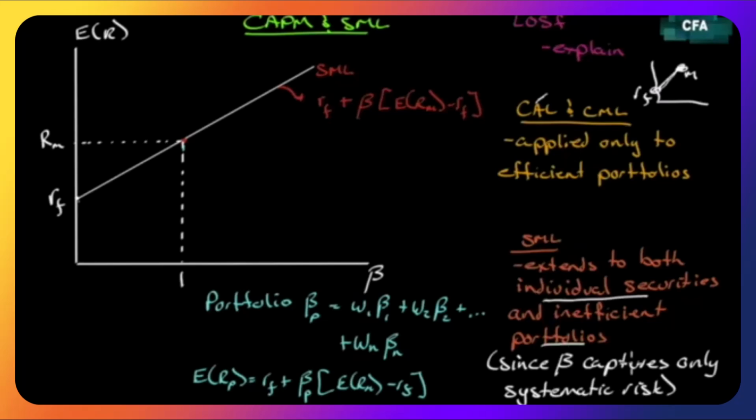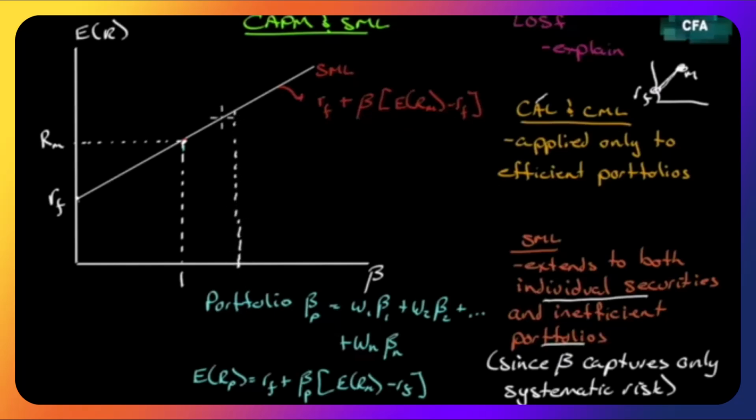And basically what we do is we plot the market portfolio here. It has a beta of 1 with its required return. And for any asset, we calculate beta based on some regression between the returns on a particular asset and the return on the market. And if we find that we have a beta over here, the security market line implies that it should have a required return here.